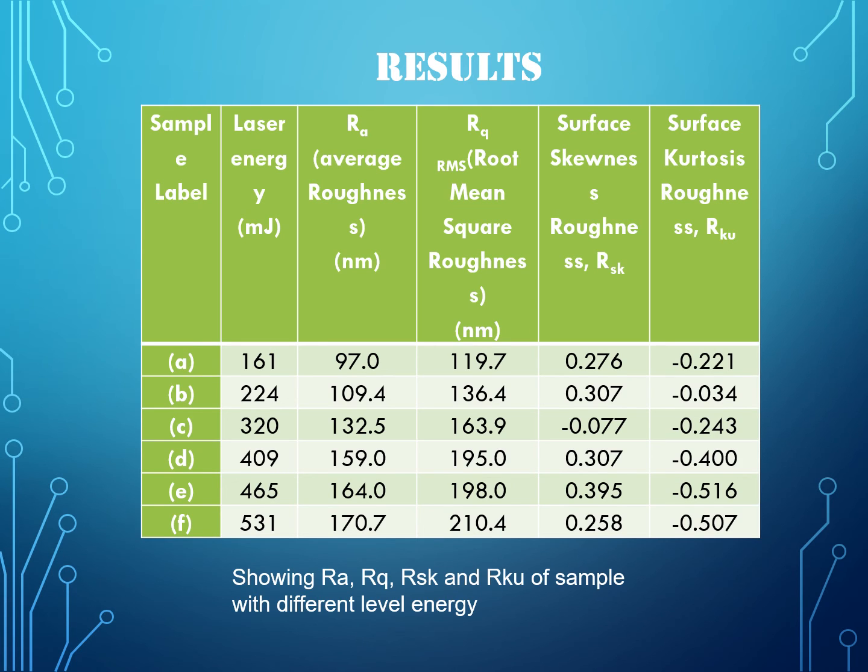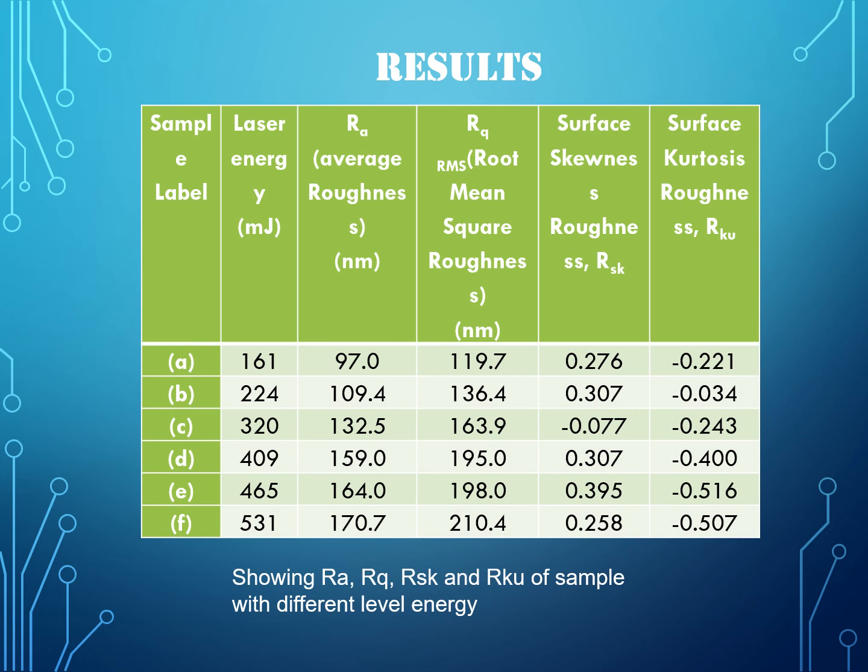Next, the table shows that Ra means average roughness, Rq means root mean square roughness, Rsk means surface skewness roughness, and Rku means surface kurtosis roughness. From the table, samples A, B, D, E, and F have a positive skewness as Rsk is more than 0, which means that the copper surface has valley fill-in or high peaks, while sample C has a negative skewness as Rsk is below 0.